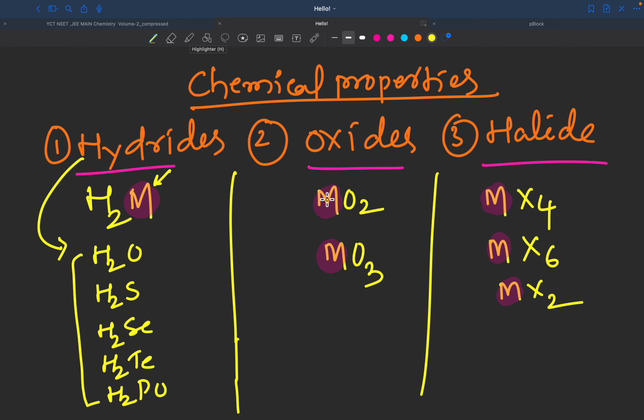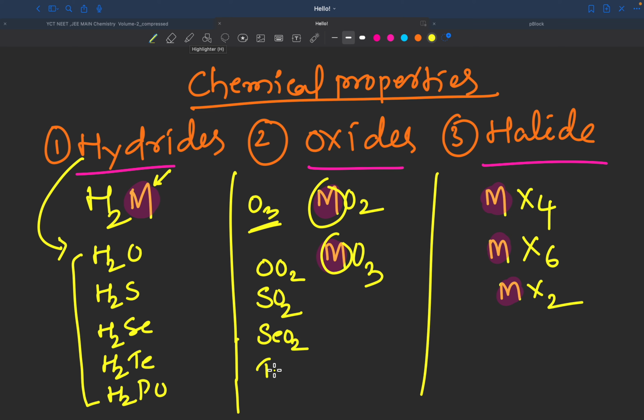You should remember. Here you can replace it by sulfur, so you get sulfur dioxide. Oxygen has only one oxide, that is O3, which is considered the oxide of oxygen; you can also write it like O2. And SeO2 selenium dioxide, tellurium dioxide, polonium dioxide, but polonium is a radioactive element, so it is not known very much and is not that stable.